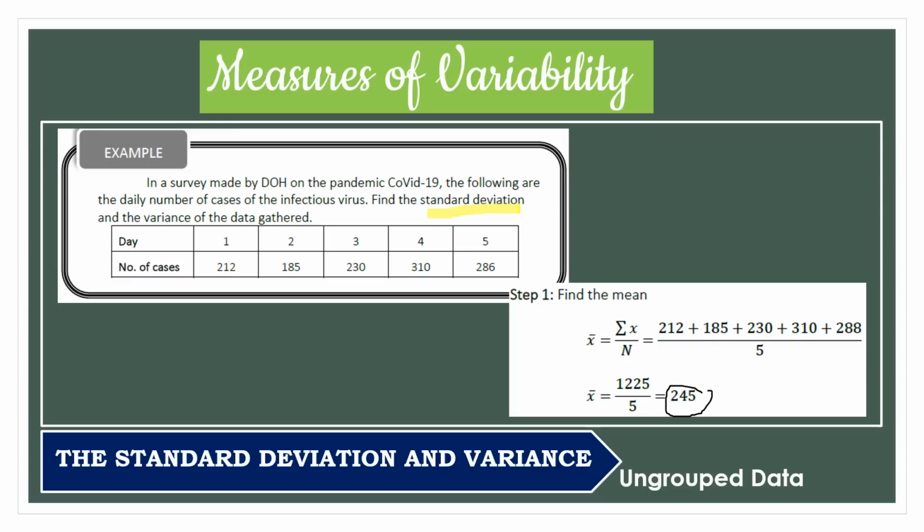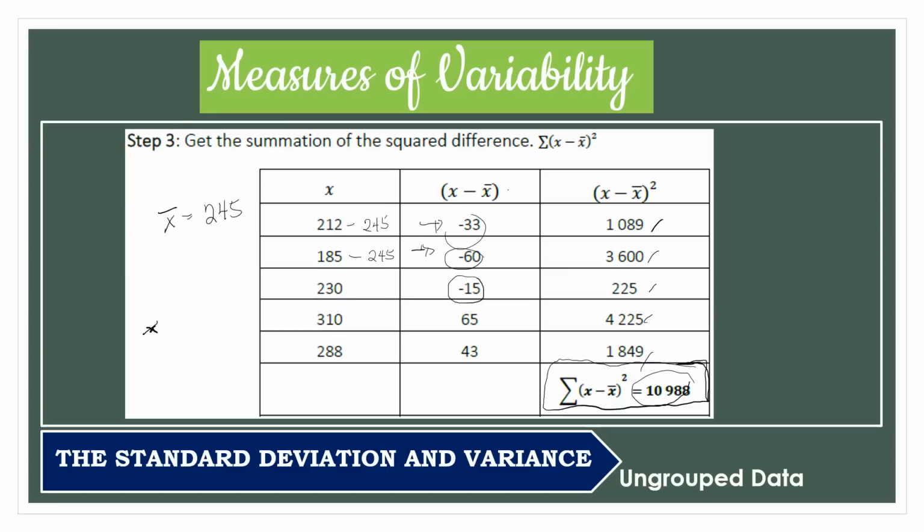So 212 plus 185 plus 230 plus 310 plus 288 is equal to 1,225. Divide that by 5, the result is 245. So that is just the mean. We need the mean to accomplish the next steps.